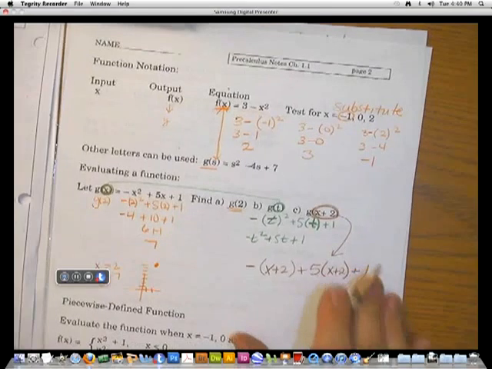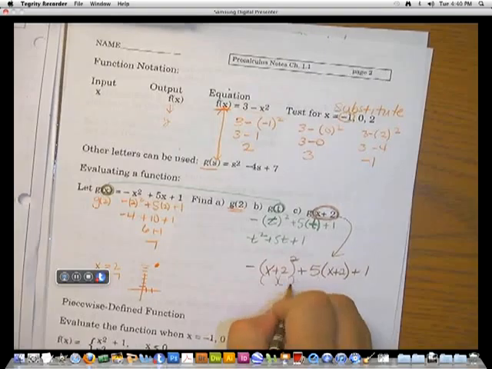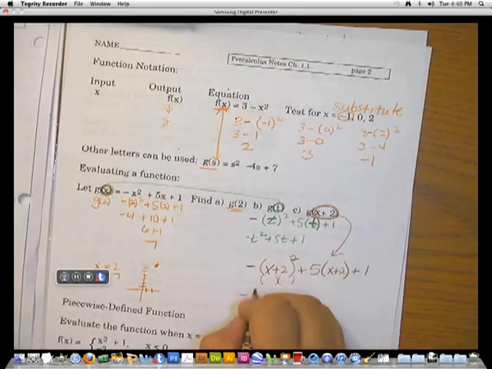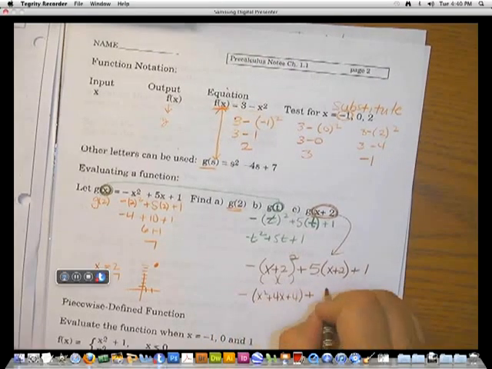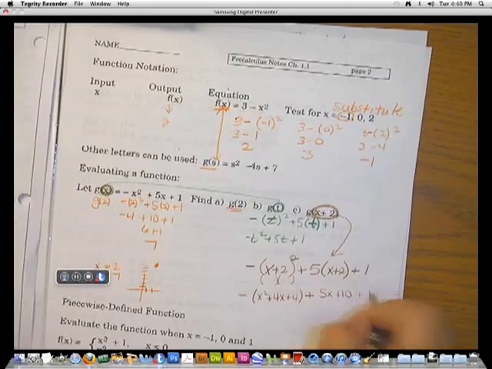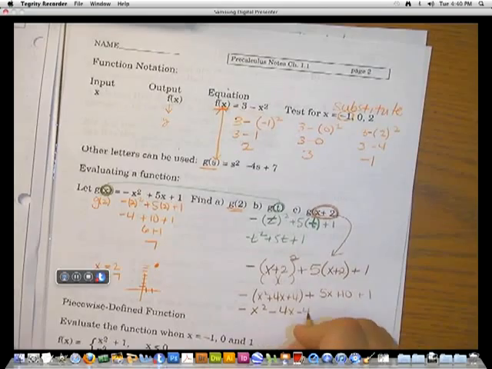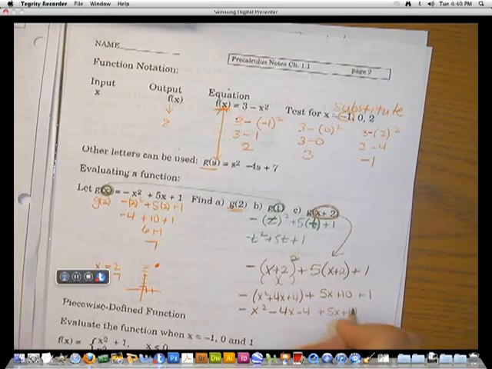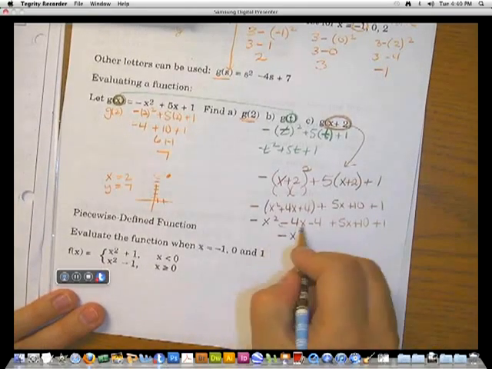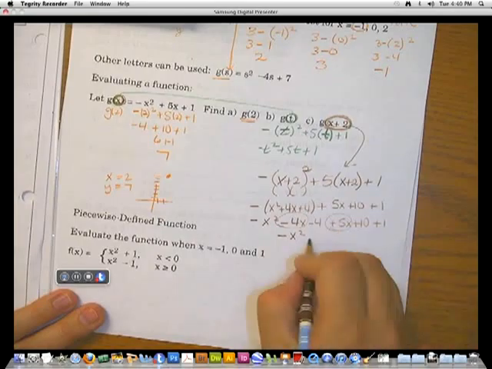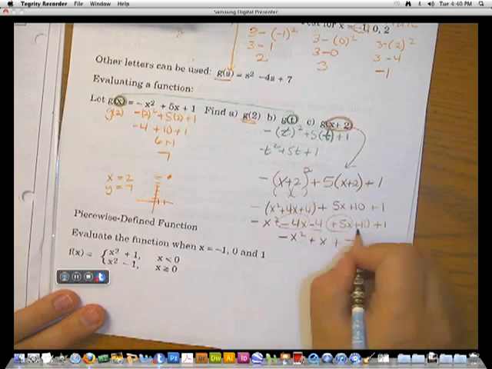Now I need to simplify this down. The square says I have 2 of those. So that's really going to be x squared plus 4x plus 4. I have to distribute this negative sign. And then I'm going to combine all my like terms. Negative x squared plus x, and then plus 7.